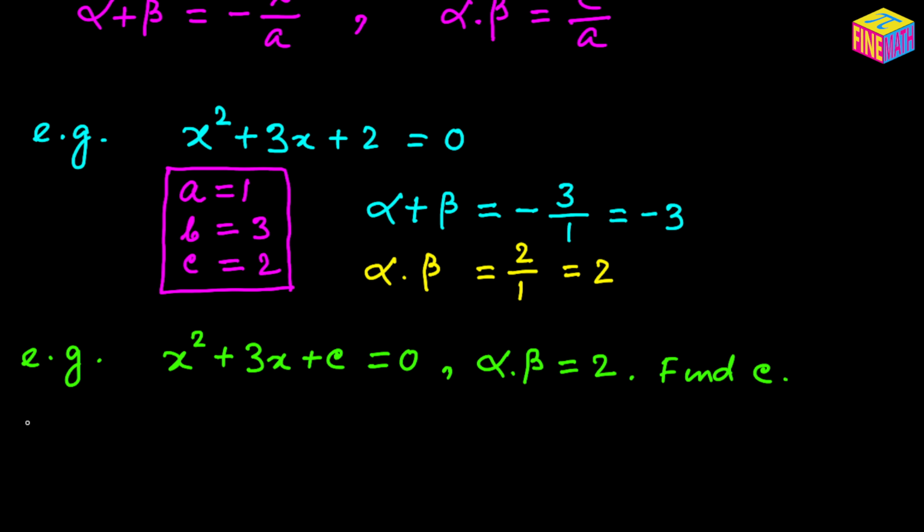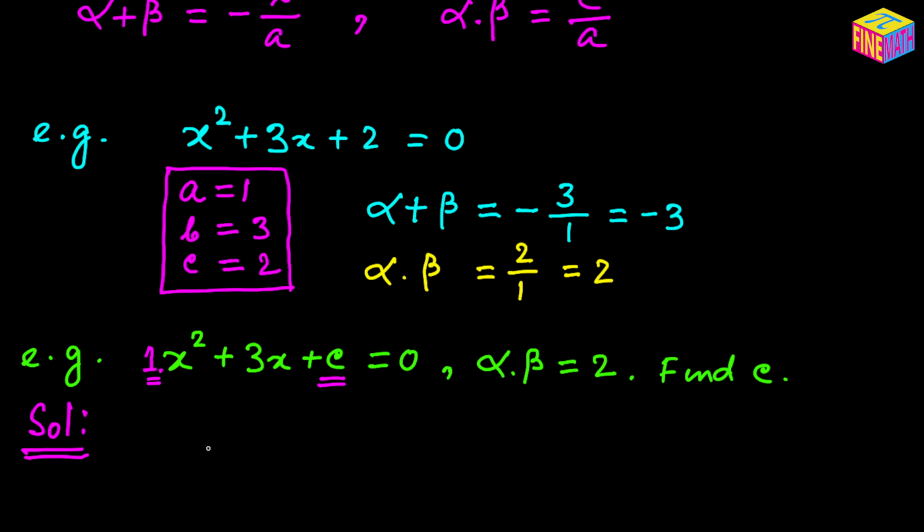So the solution is now, the product of the roots would be this c right here divided by a right here. a is actually 1. The 1 is hidden. 1 is generally not written in algebra. If there is no coefficient, you assume that the coefficient is 1, right?